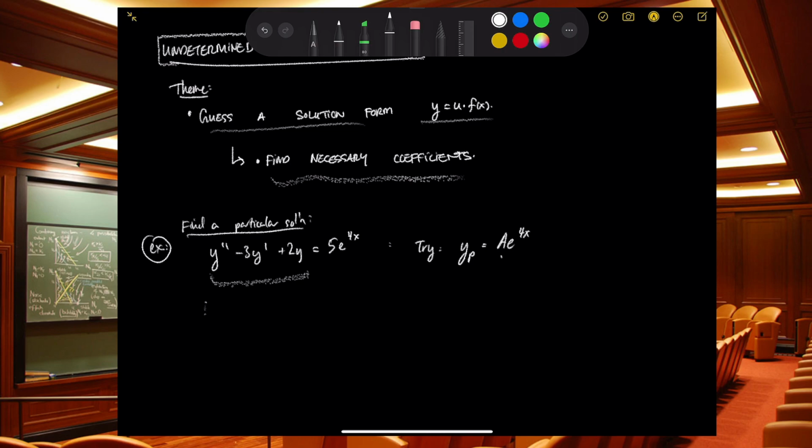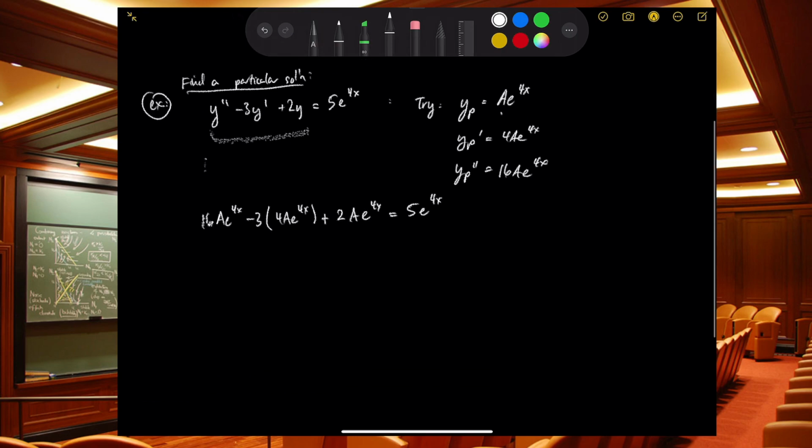So if we go through and do that, what will we get? yp prime is 4ae to the 4x. yp double prime is 16ae to the 4x. When we substitute into this equation, we get 16ae to the 4x minus 3 times 4ae to the 4x plus 2 times ae to the 4x equals 5e to the 4x.